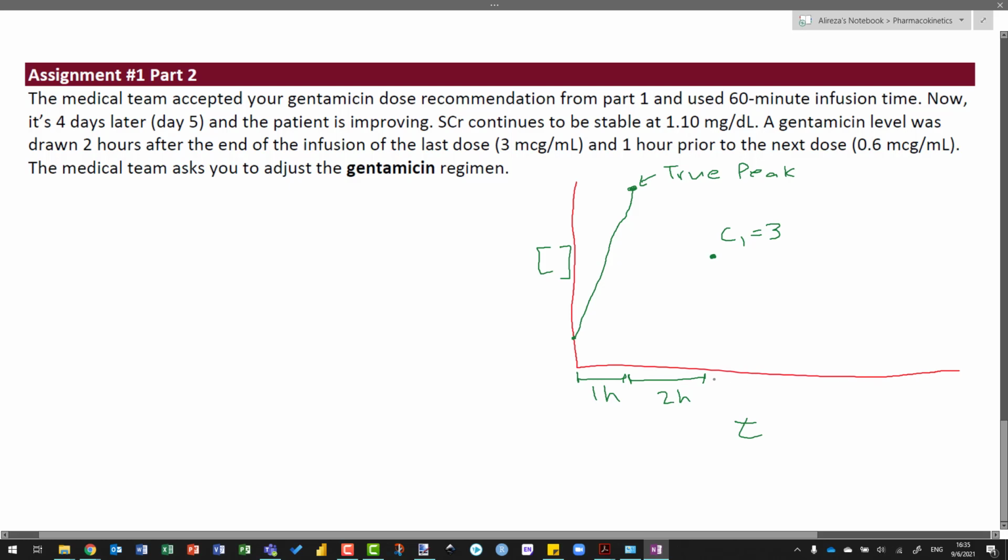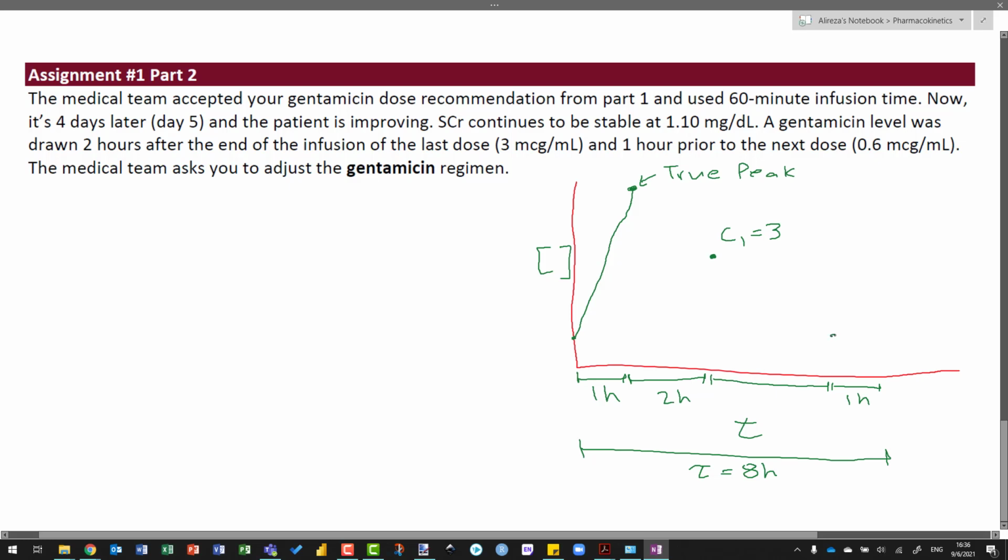And then it said that 1 hour prior to the next dose. So let's say 1 hour before the next dose. So this whole thing is 8 hours, right? Because our tau is 8 hours. So the time for the next dose is right here.